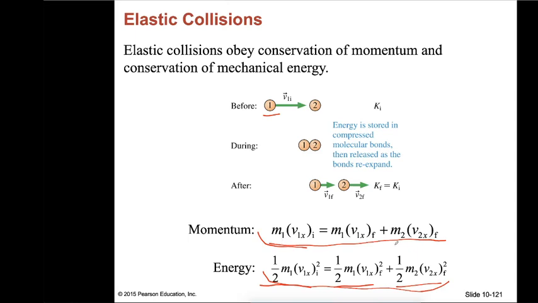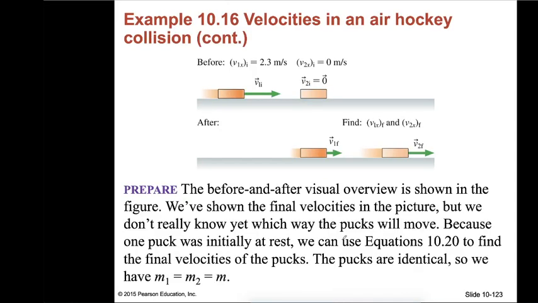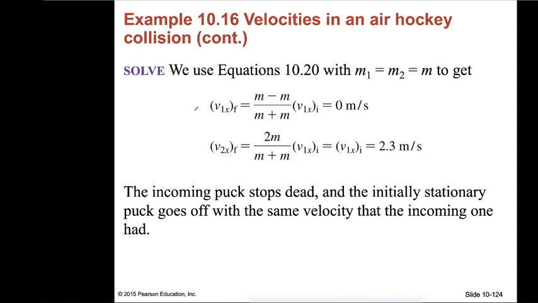Here, m1 equals m2 because they're identical. Then finally, after solving the equations, you will get something like that. So the incoming puck will stop dead, and the initial stationary puck goes off with the same velocity that the incoming one had.